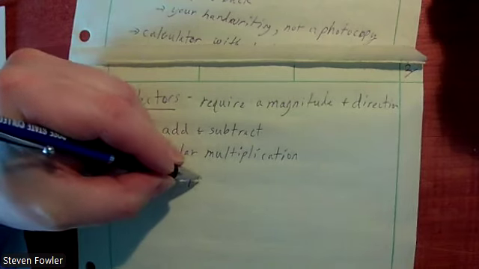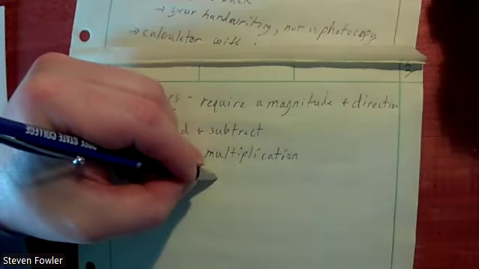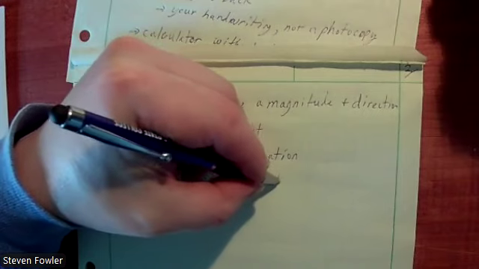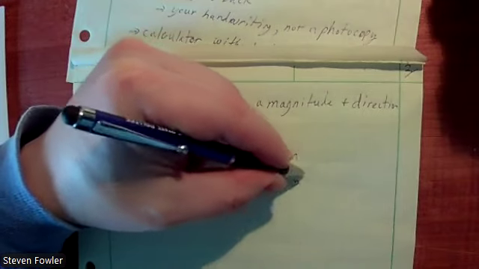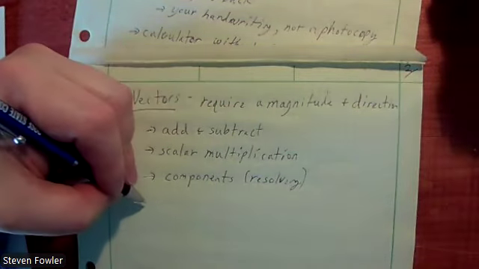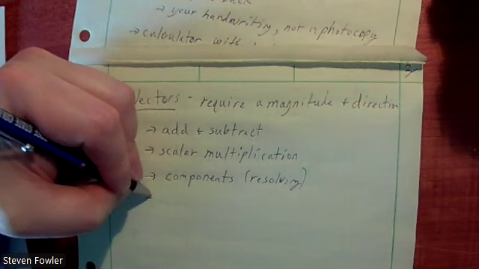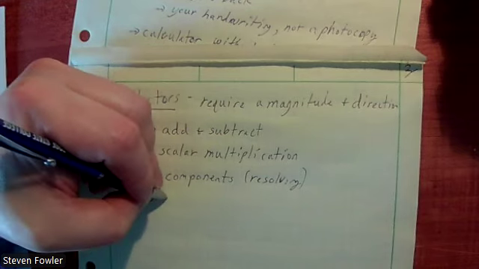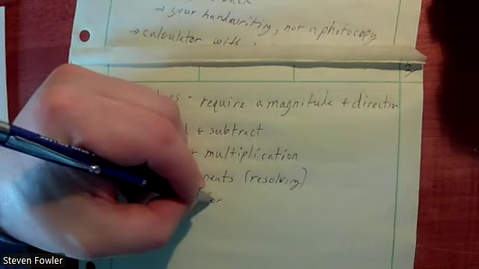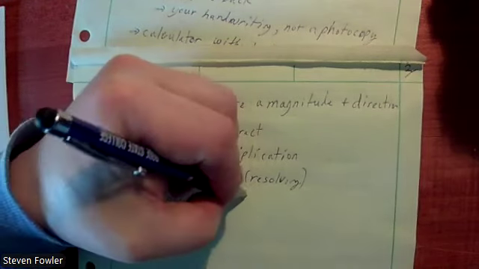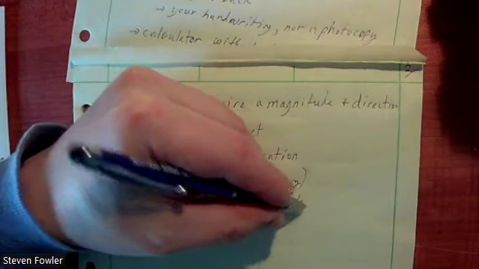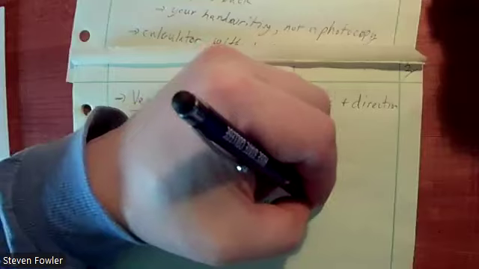Components, describing a vector as components, which the term there is often resolving a vector into its components. And that being its x and y components. Your text likes to call it polar form, which is magnitude and direction, basically.